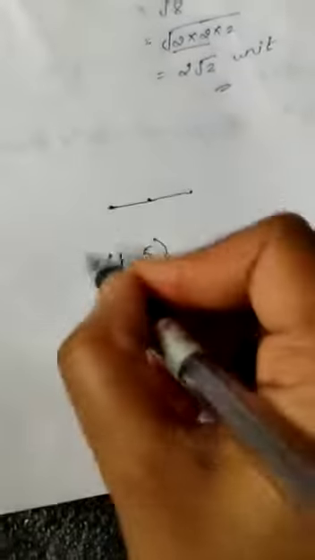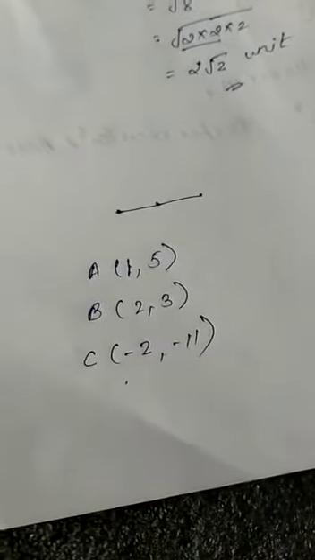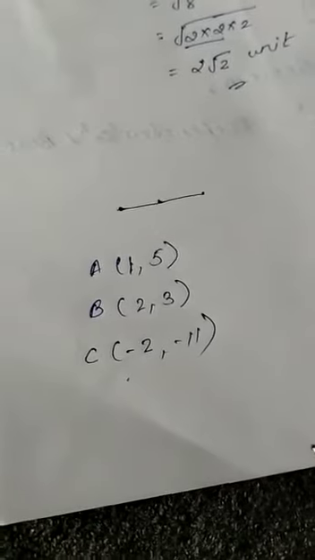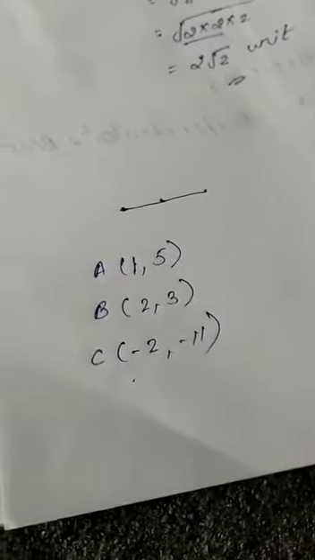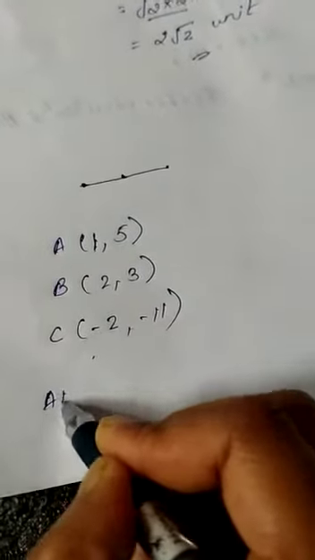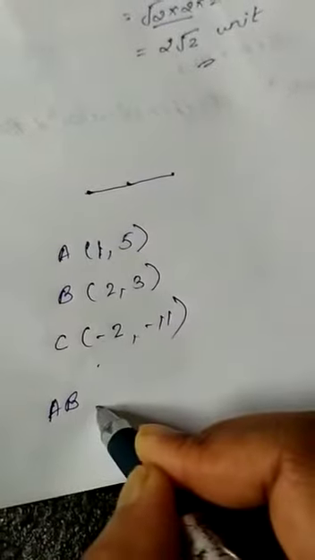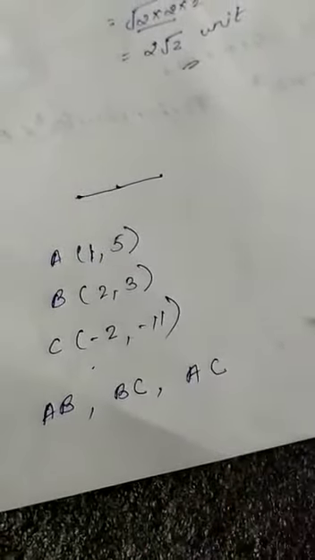So what we will do here, again we will give names A, B, C, let's say, okay? You have to give names like this. Before the bracket you can put any alphabet, so that will be the name for those points' coordinates. Your work is to find first the distance AB, then you have to find BC, then AC, okay?